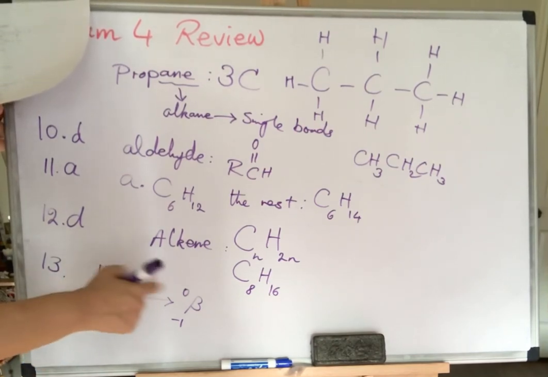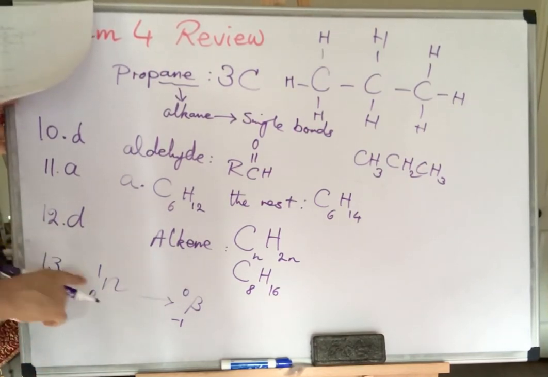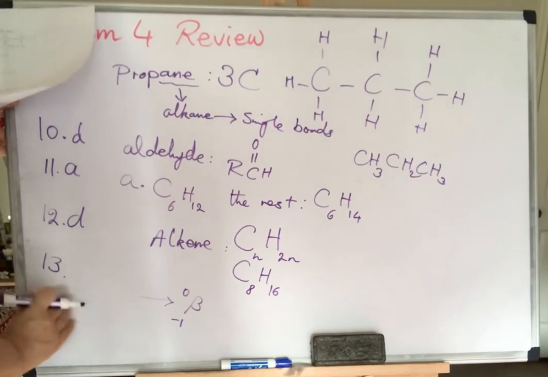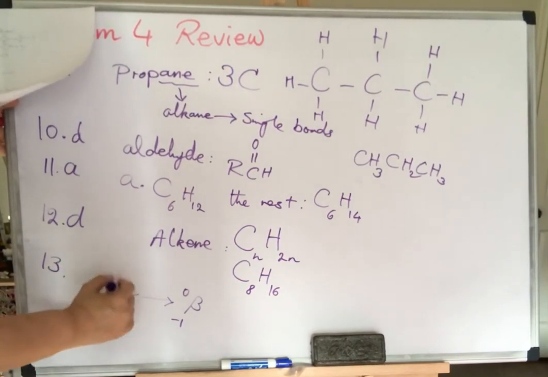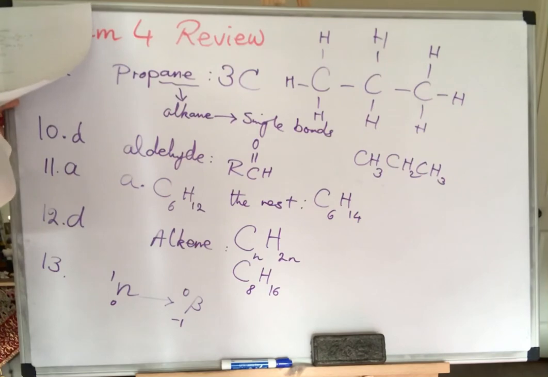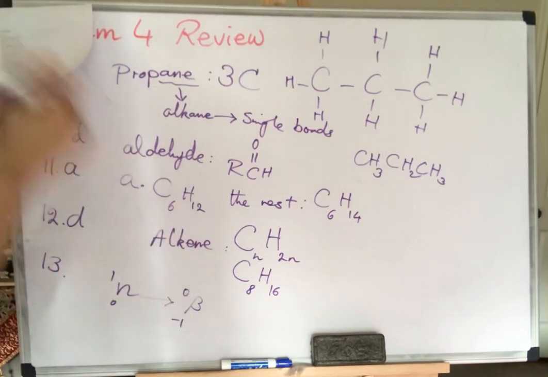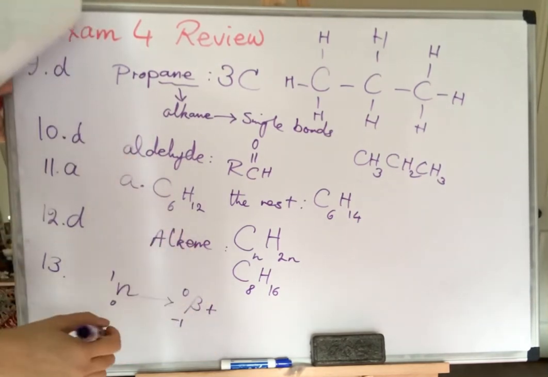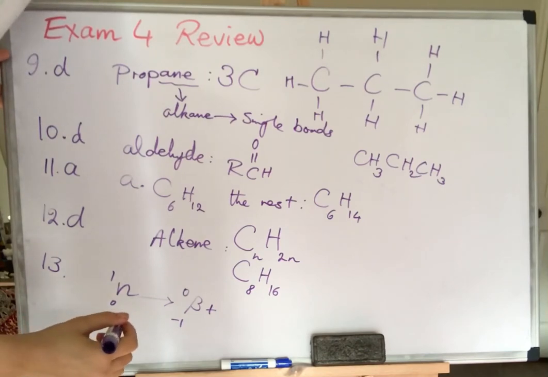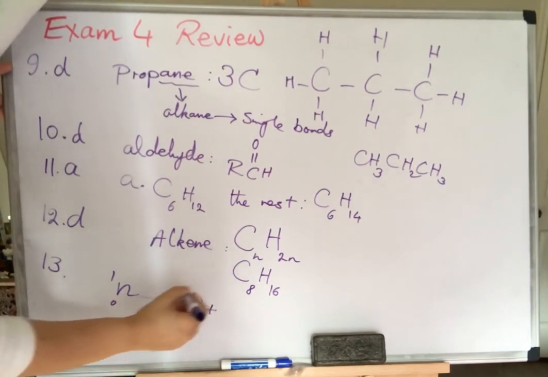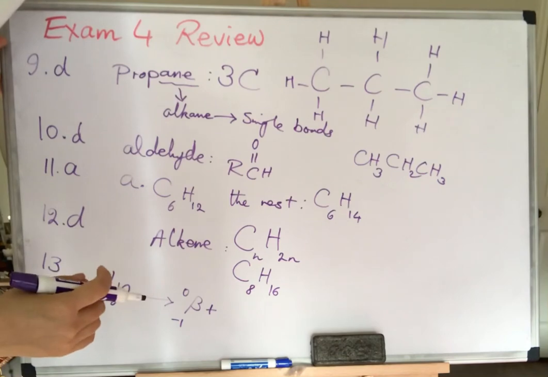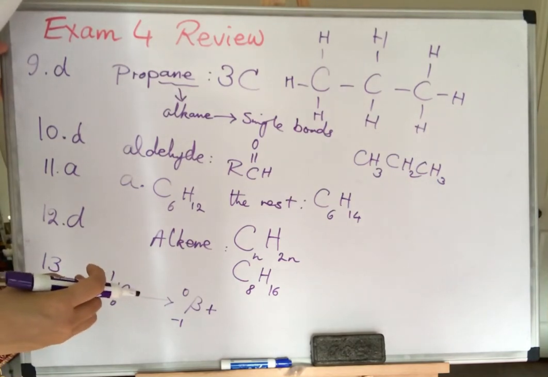I told you you need to know these very well. A neutron has a mass of 1 and no charge. A beta particle has a -1 charge, and this answer choice A says a proton and an electron. So a neutron is converted to a proton and an electron.